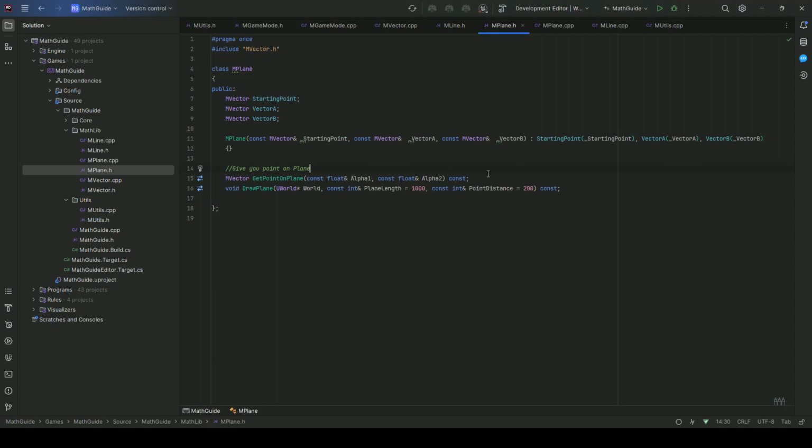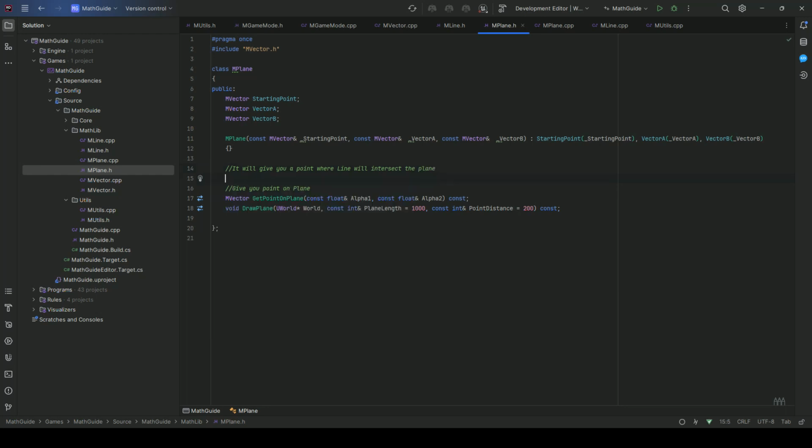First we'll write a function which will give you a point where the line will intersect the plane. So it will be a vector, the reason being it will give you a point.